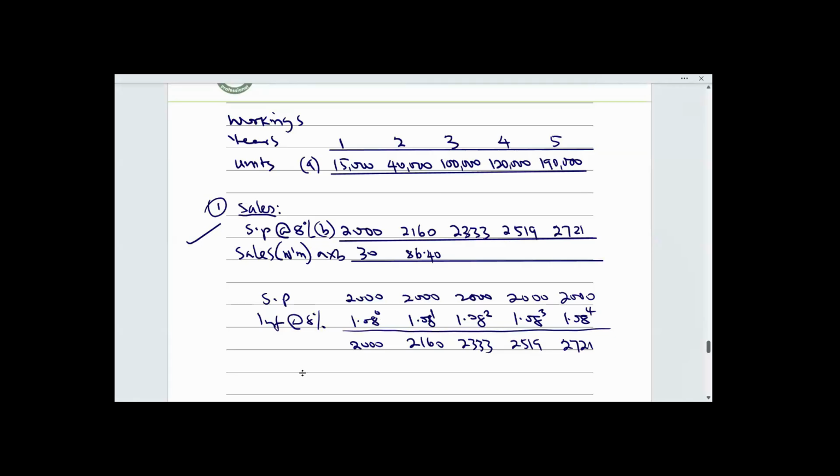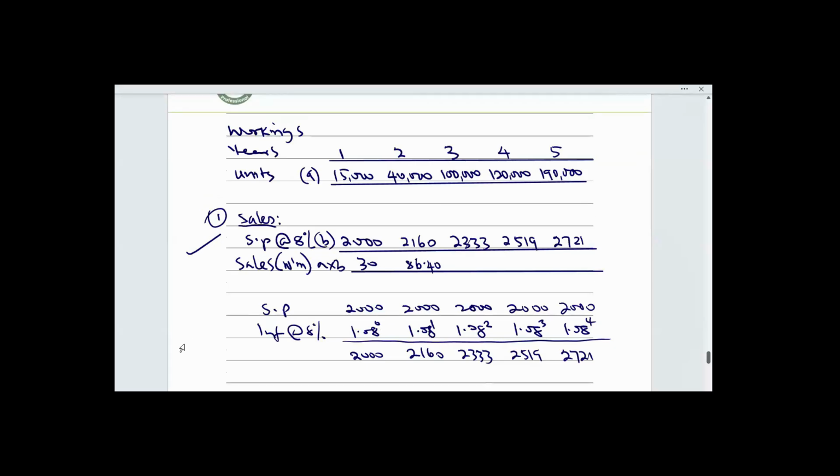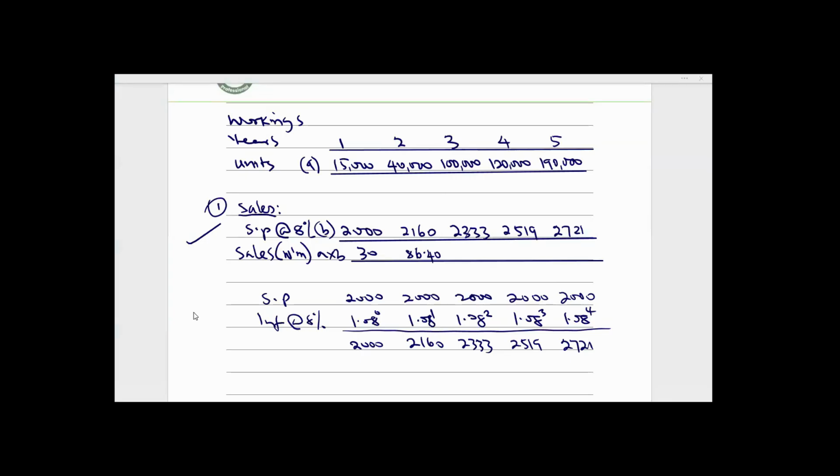86.40. Then year 3, this will be 100,000 multiplied by 2333. That's 233.30. Then year 4, 120,000 multiplied by 2519.